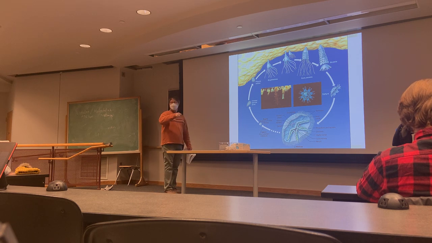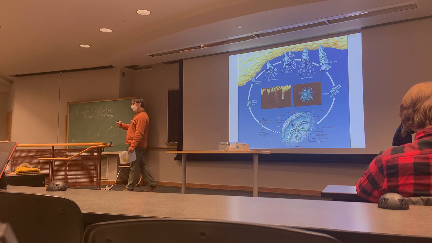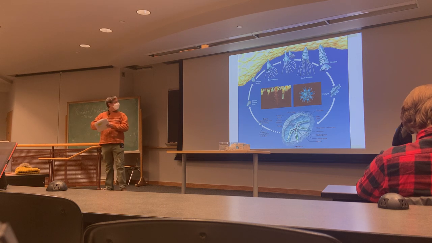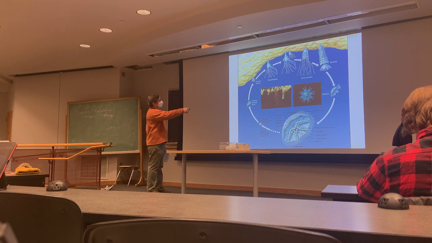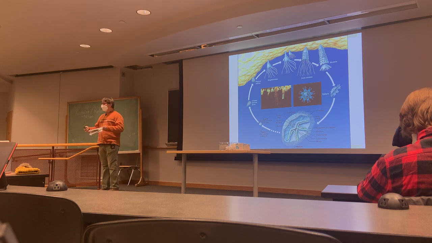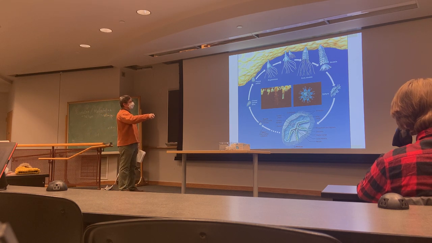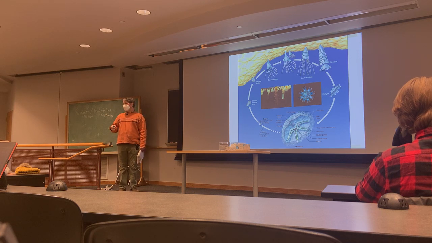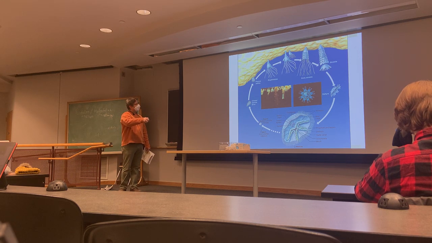But at one point, it will start to form these plate-like structures. It doesn't really look like a pine cone to me, but a strobila, the plant biology term for a pine cone, is what this is.